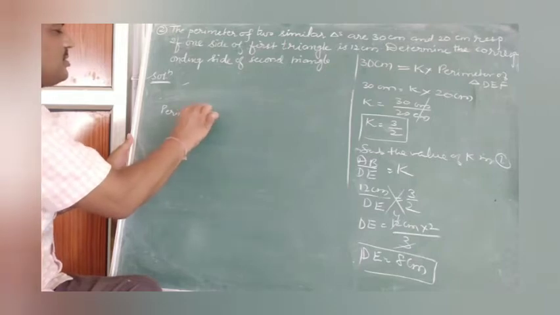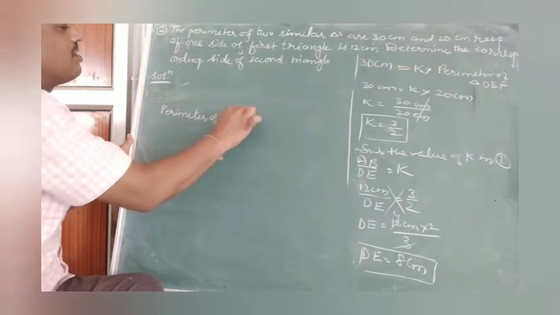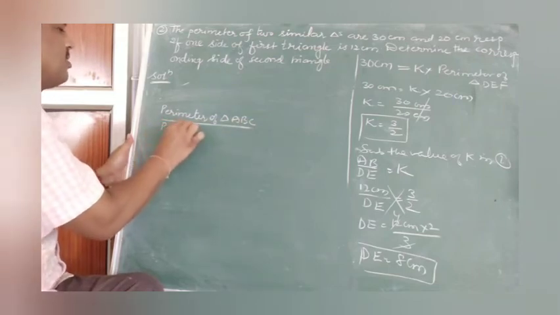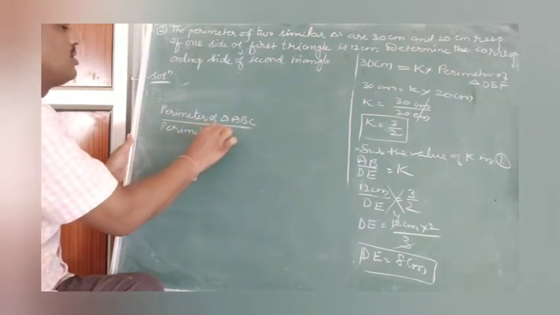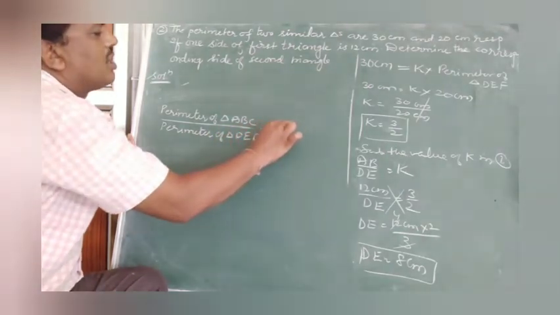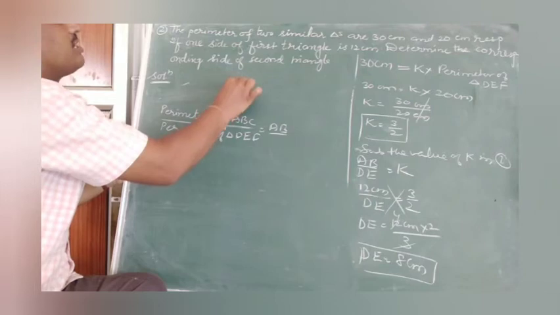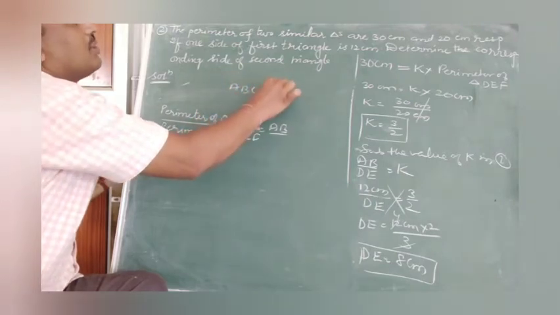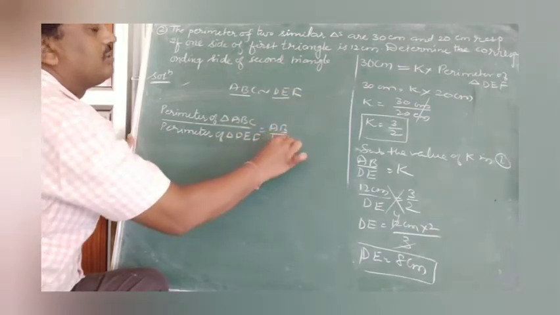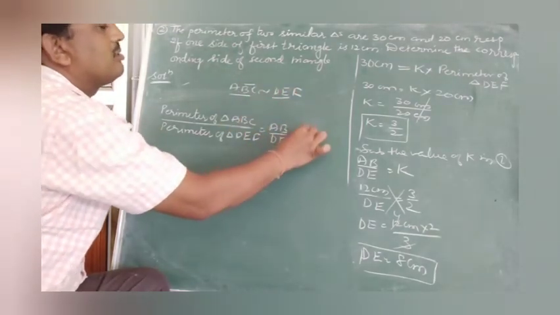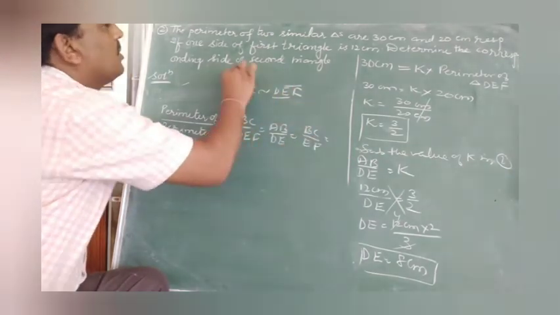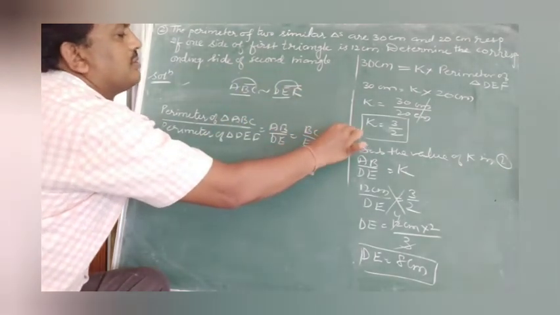Perimeter of triangle ABC divided by perimeter of triangle DEF is equal to the ratio of their corresponding sides. Triangle ABC similar to DEF is given. So AB by DE is equal to BC by EF is equal to AC by DF.